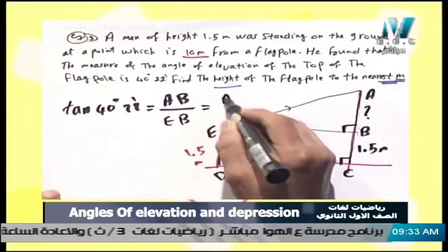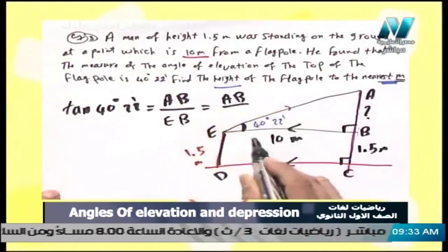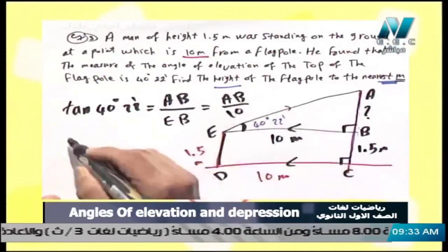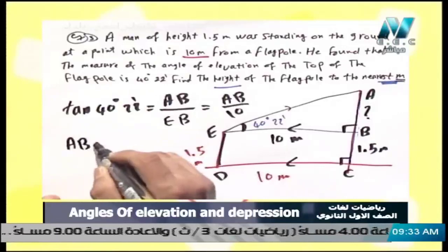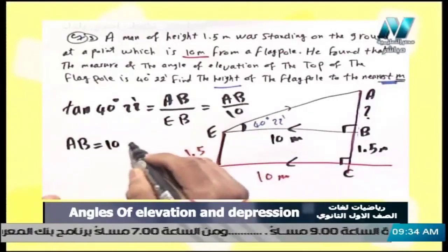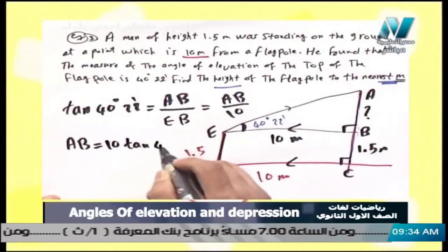AB here is unknown, but EB is 10 meters. To find AB, multiply 10 by tan 40, 22.